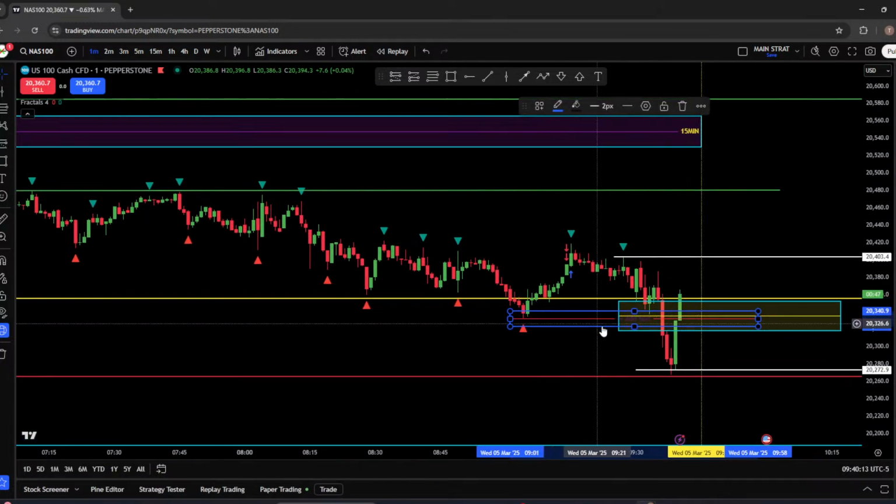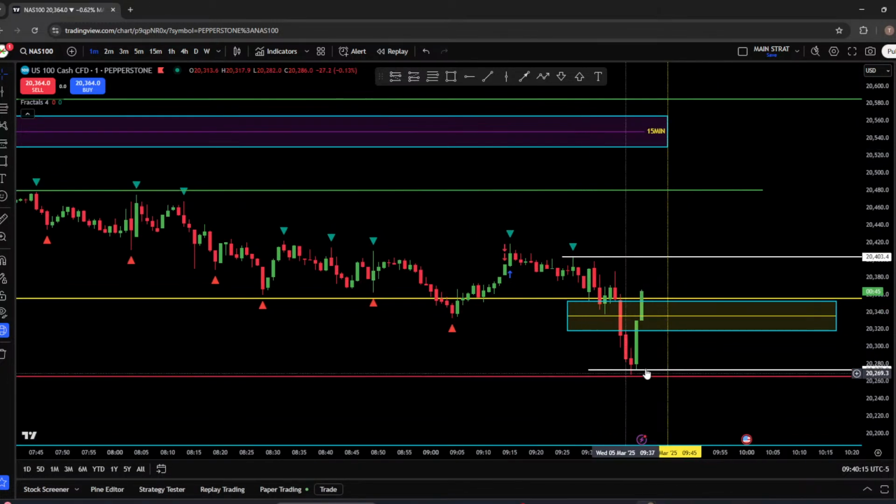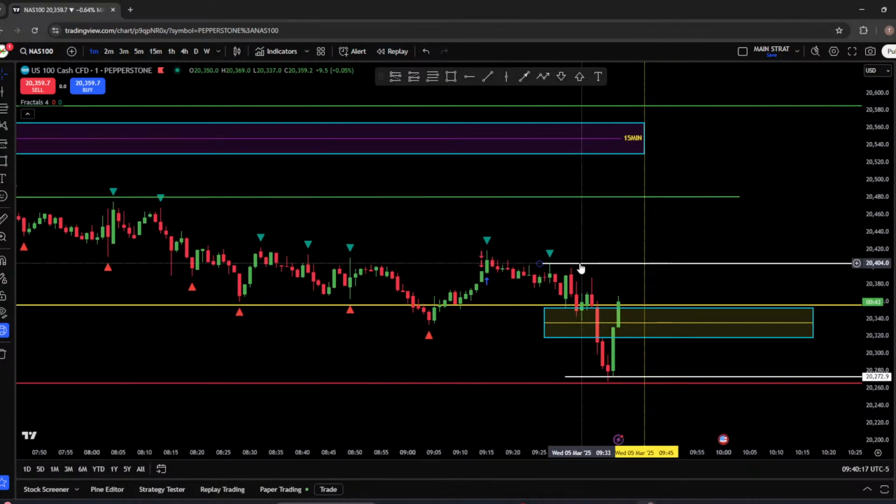Manipulation first. Now we'll see if we can take out that swing high there.